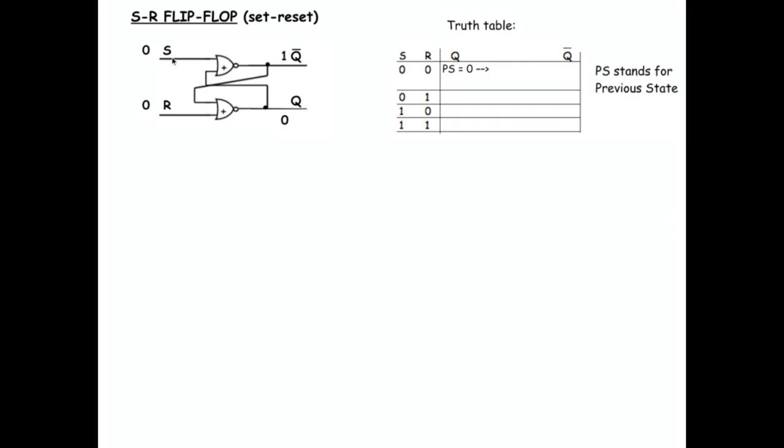Okay, so if S is 0, and then let's assume that the other one is 0 too. Everything is 0. If S is 0, then let's see, then this becomes 1. Then this becomes 1, and this is 0.